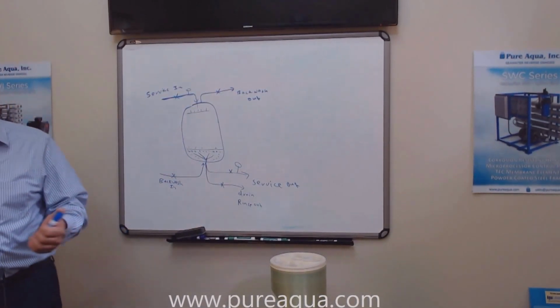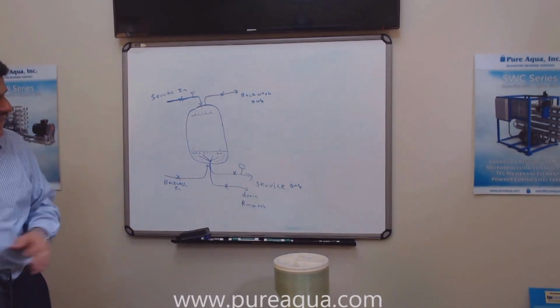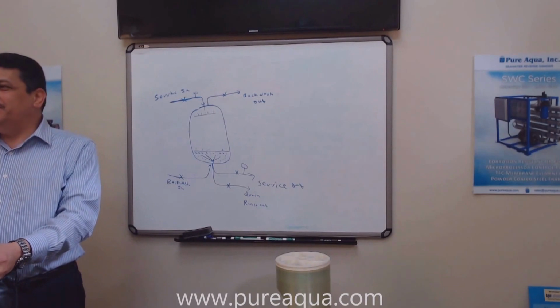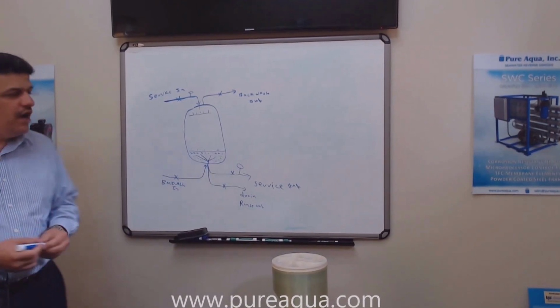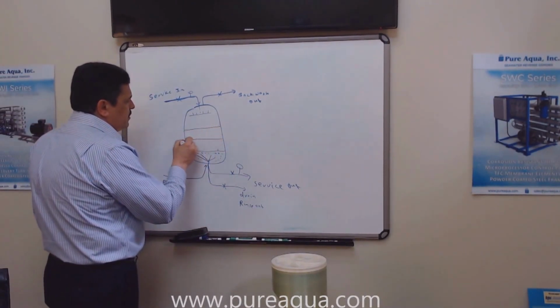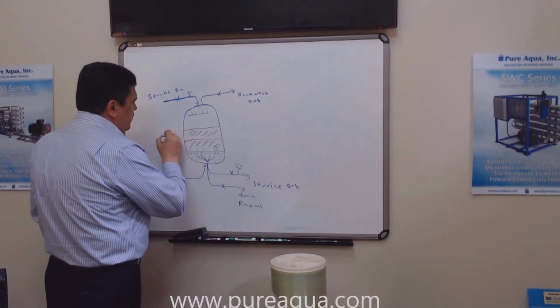But personally, I really don't know why it's called green sand. If you look at it, it's a black color. Honestly, it's a very efficient media to remove high levels of iron and manganese. Whenever we size the green sand, we put a layer of anthracite on top.